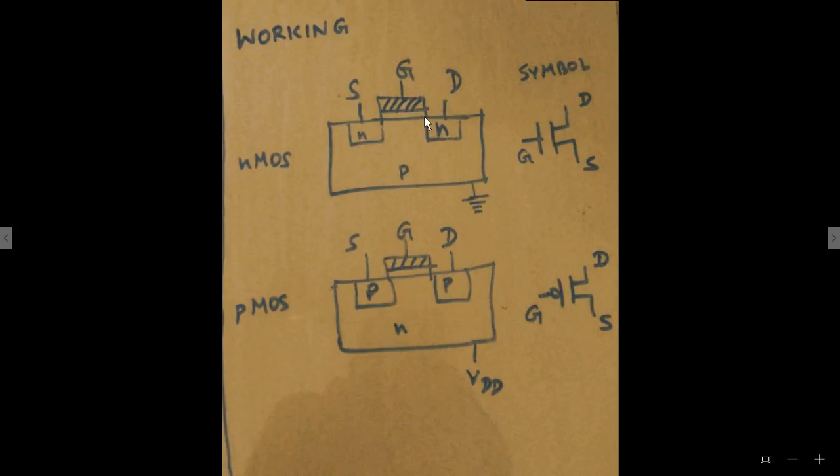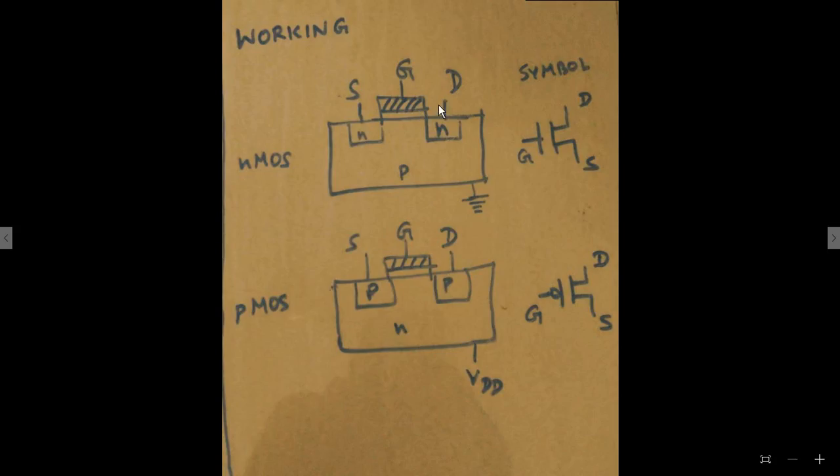So N particles will be accumulated here below this insulator, resulting in formation of a channel between source and drain, which in turn will result in conduction between source and drain terminals. So this is how MOSFET acts as a switch.